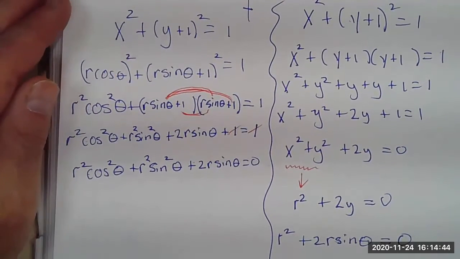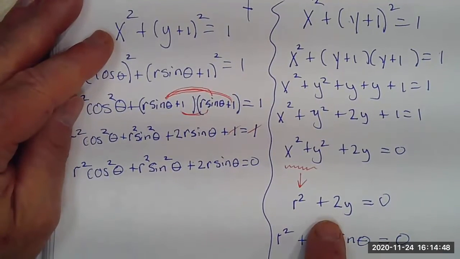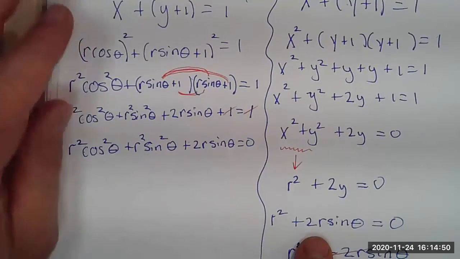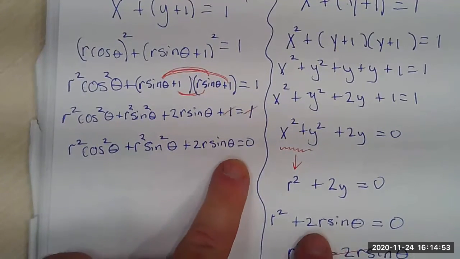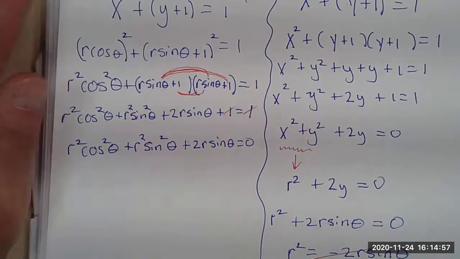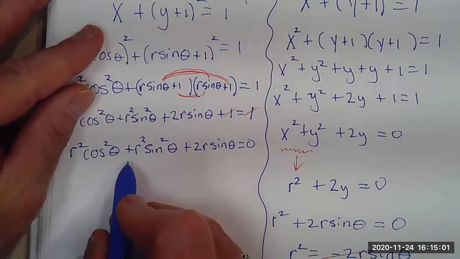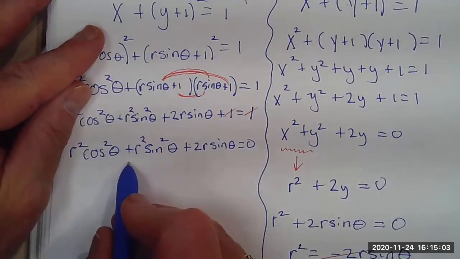What's funny is I'm going to get to the same place right here. Look at this. This is going to get me the same place. Oh my gosh. Right back to where, okay. Factor off the r squareds. That's what they did in their textbook.